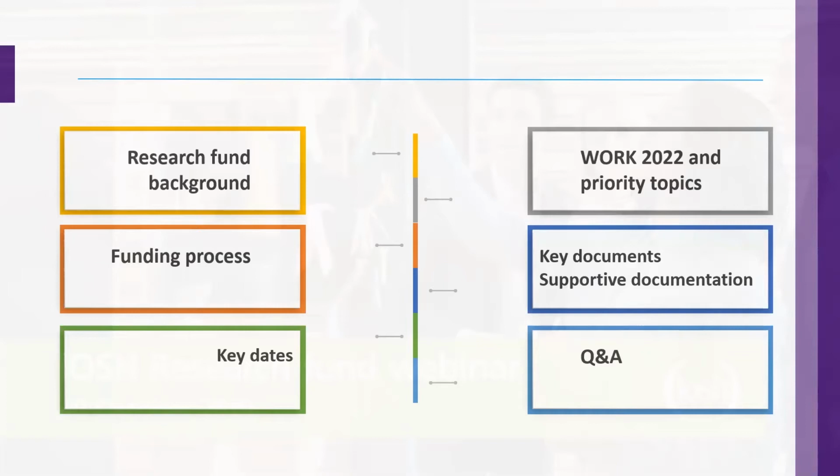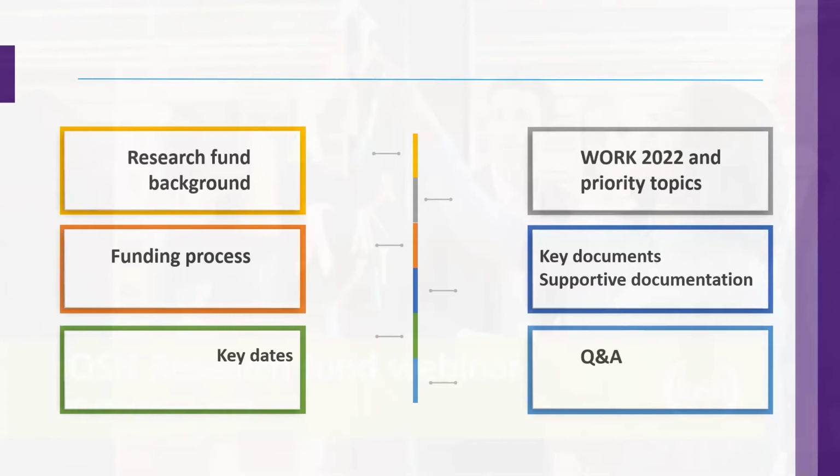We will then cover our corporate strategy and how it links to the priority topics. We will then go through the governance and admin aspects of our funding process. And we'll also have a quick look at the key documents needed to submit our research proposal. We will do a wrap-up of key dates, and then we will go through the questions and answers section.